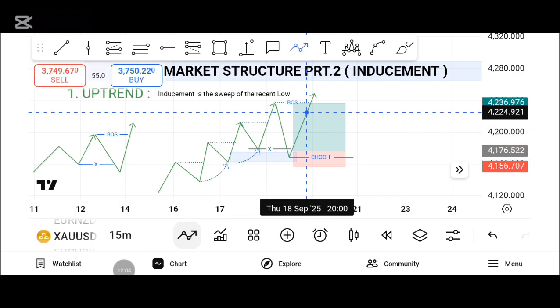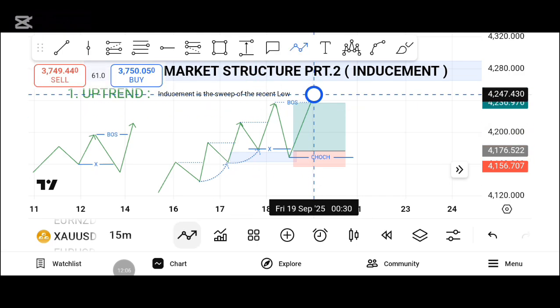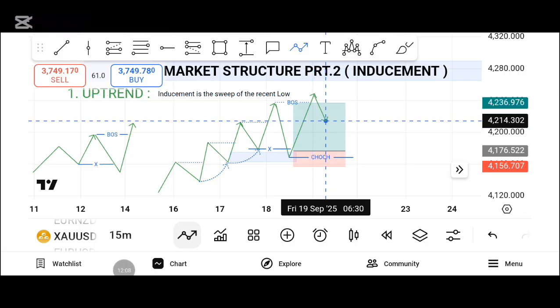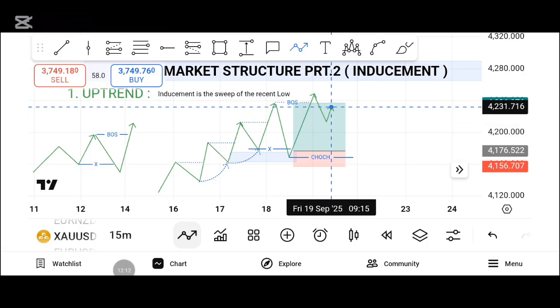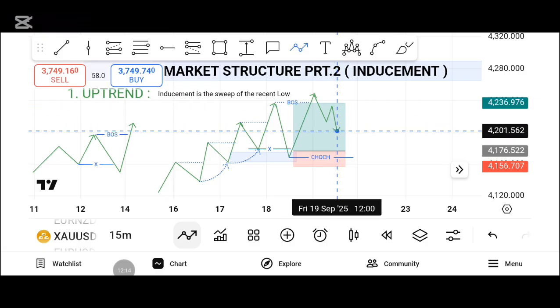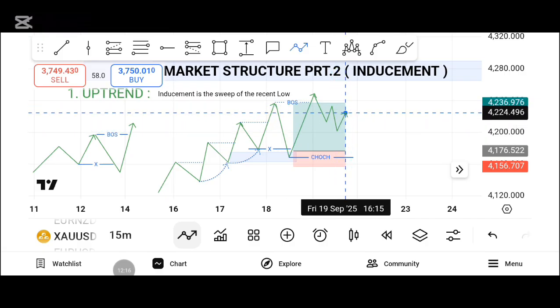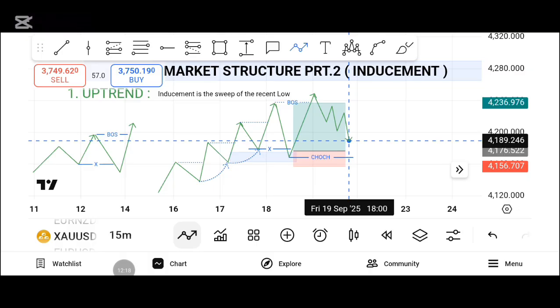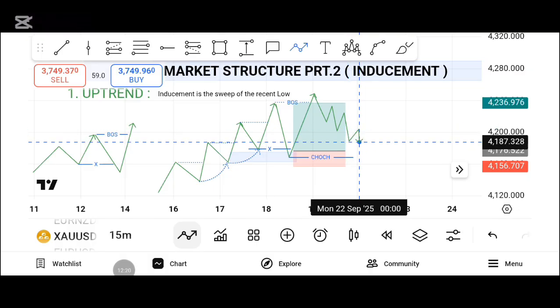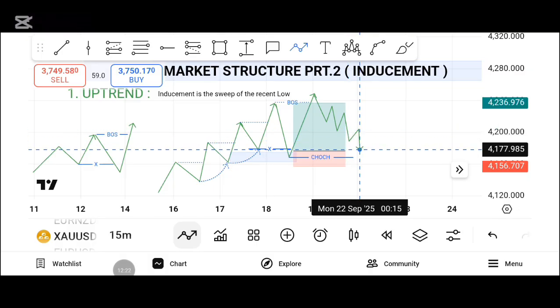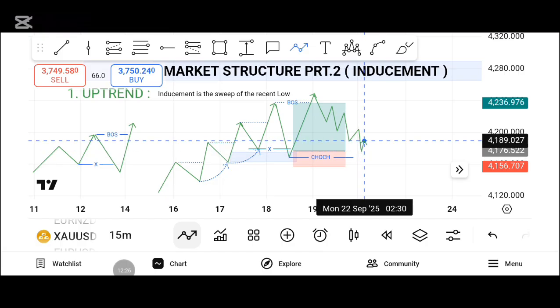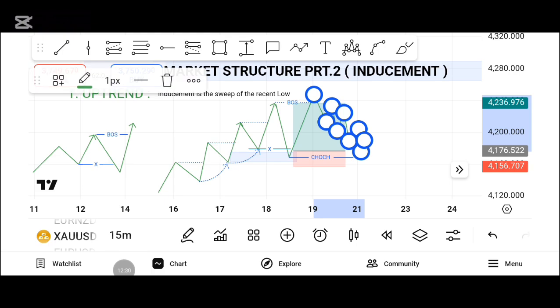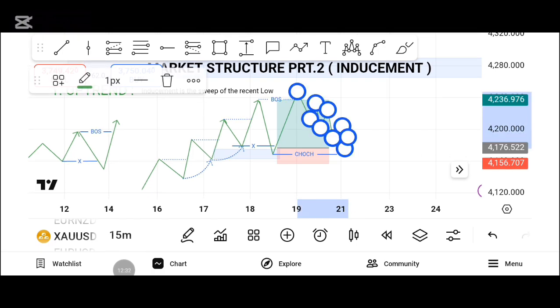So we can see the market can also create another inducement, or even trend bearish. But as far as this low is protected, we are still in a bullish phase. Price can give us a candle here to buy. Then we can take our buy order from this point.